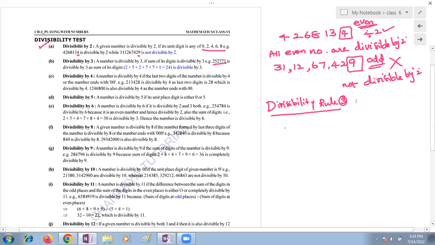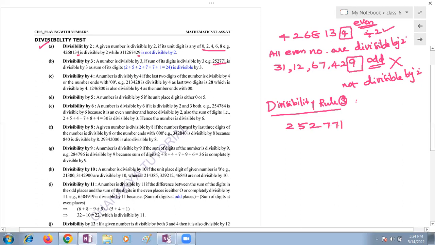2 lakh 52,771 is divisible by 3 as the sum of its digits. Reading numbers is more important. It is 2 lakh 52,771. Yes, 2 lakh 52,771.